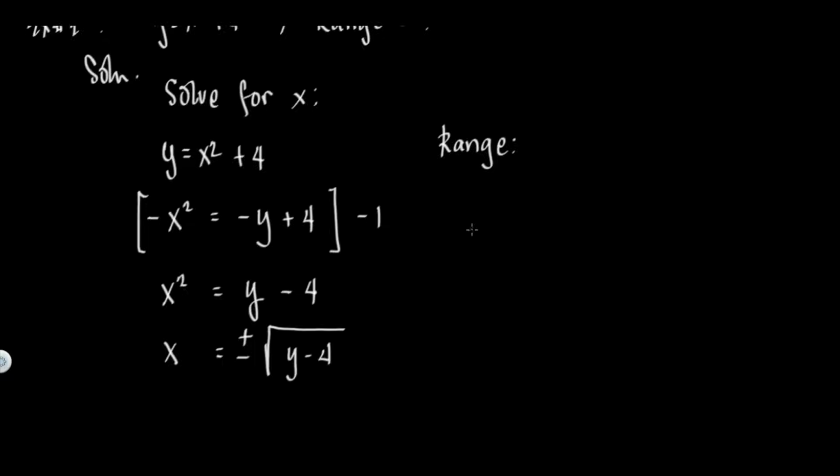Anyways, no? Paano mo ngayon malalaman yung range? So, ang gawin mo dyan, ilabas mo muna. Kasi bawal ang negative eh. Hindi pwede, no? So, ilabas muna natin yung y minus 4. Kailan ba siya hindi magne-negative? Kapag equal sa 4. Kapag equal sa 4 yung y, 4 minus 4, 0. Square root of 0 is 0. Okay lang. Basta hindi negative. Kung 5 naman ito, 5 minus 4, square root of 1, pwede rin kasi hindi naman siya negative.